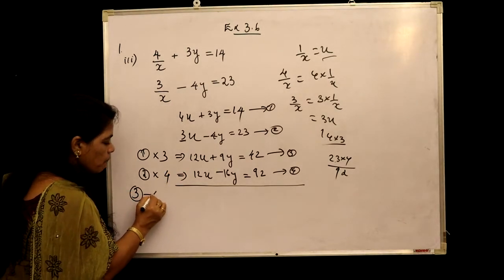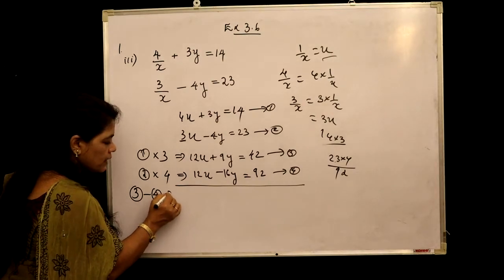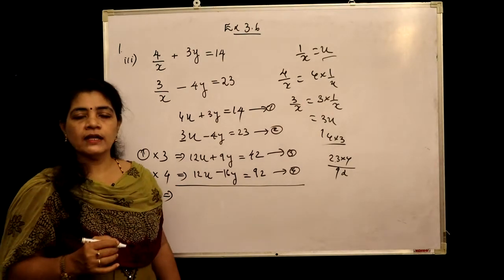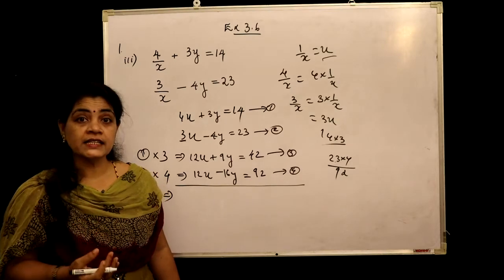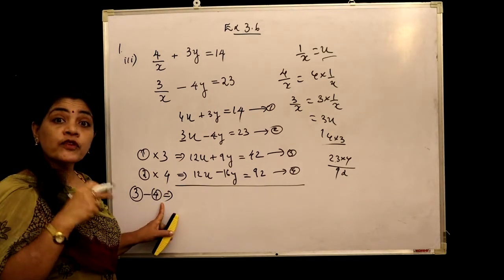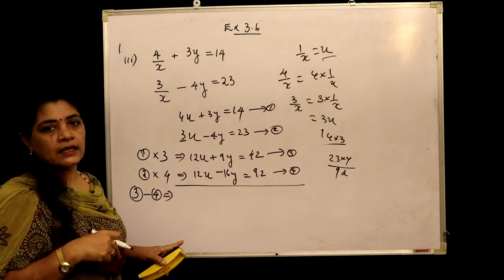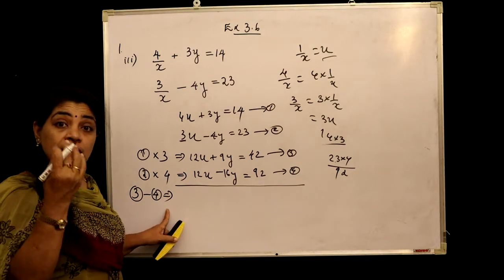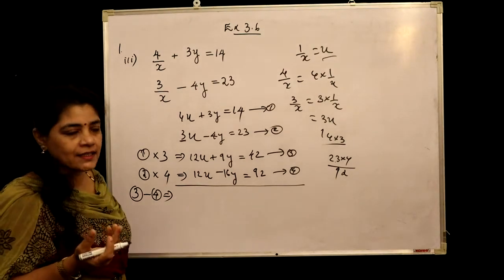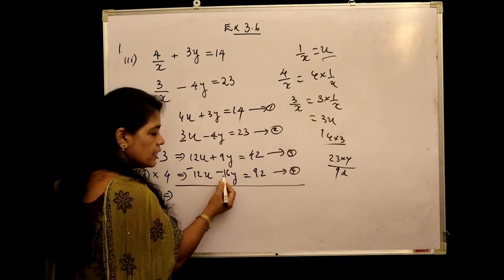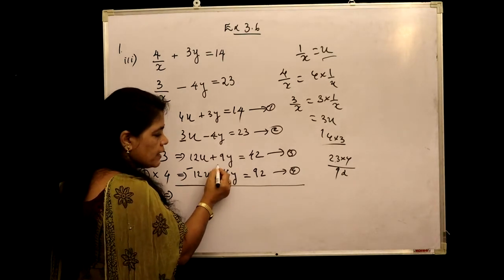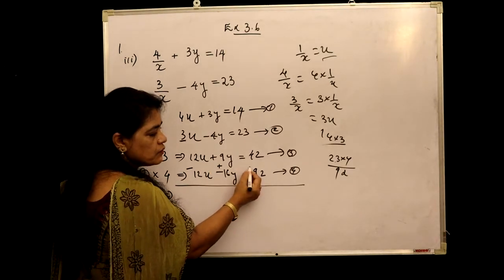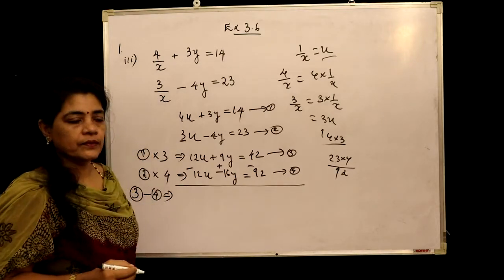Equation 3 minus 4 implies. That means we have to subtract equation 4 from equation 3. That is the second equation, you have to change the sign of each term. Here this minus sign becomes plus. Here positive becomes negative.